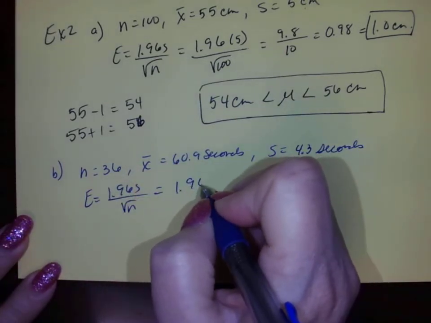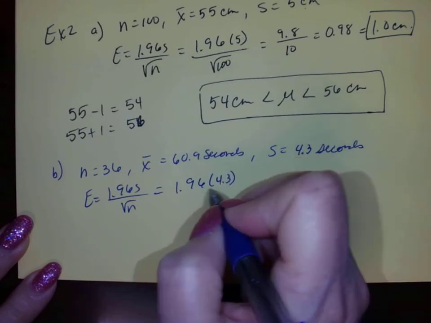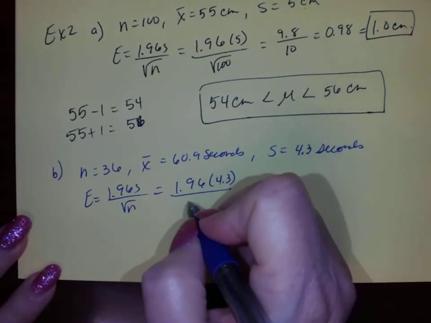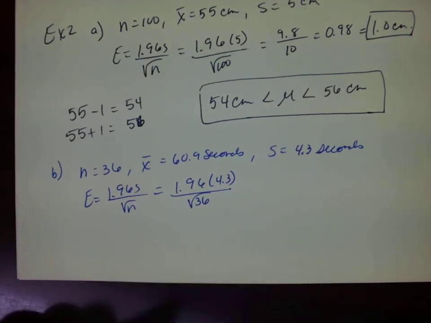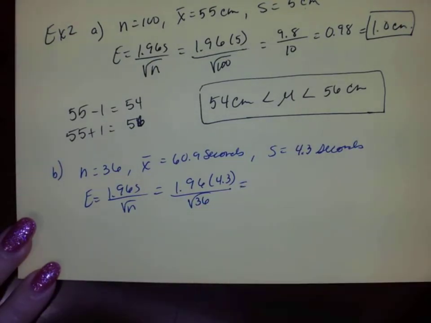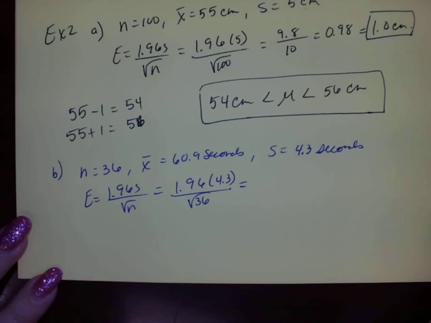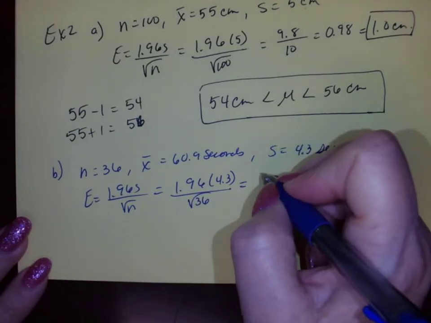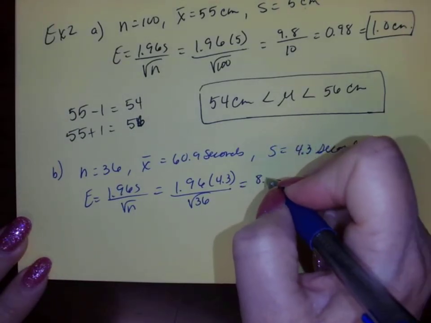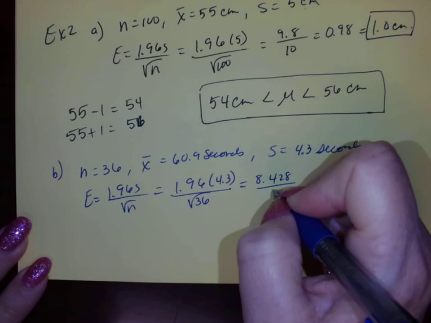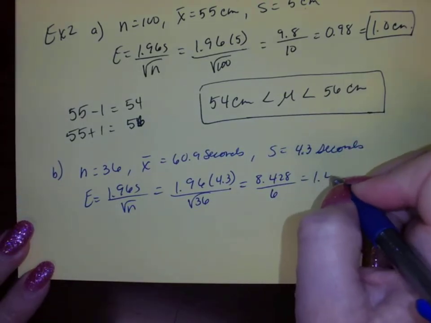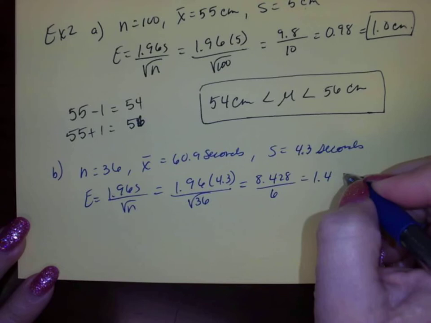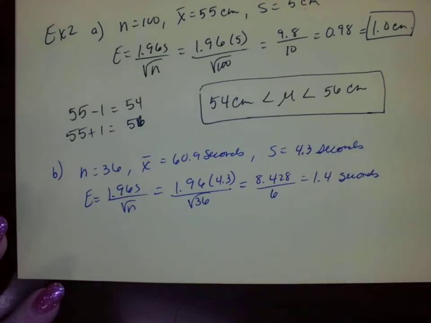So 1.96 times 4.3 divided by the square root of 36. Now again, we can either go straight to the calculator, or if you notice that you can take the square root of 36 is 6, you could simplify first. 8.428 divided by 6 will get us 1.4 seconds.